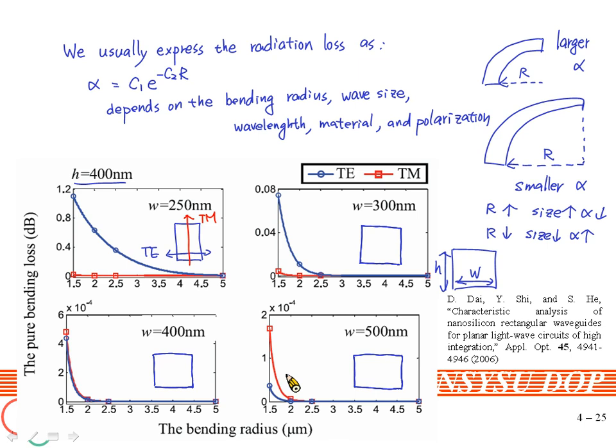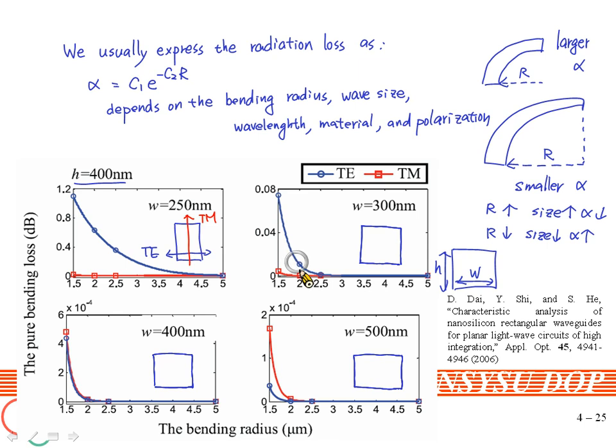And let us compare these four figures together. You can see, as we increase the core size, the radiation loss will be reduced, because a larger core size provides better confinement.